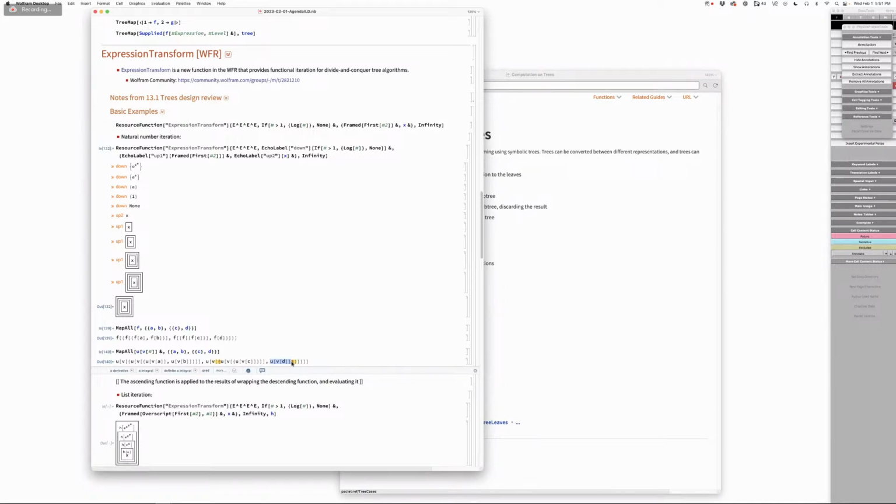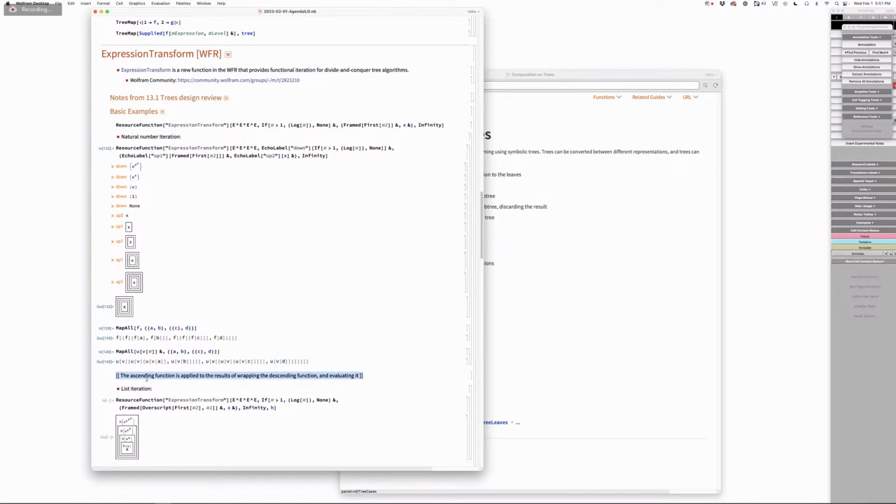But because this thing spawned an evaluation, the ascending function is applied, another way to put it, to the results of evaluation of the expression that the descending function spawned. Does that make sense? Yes.